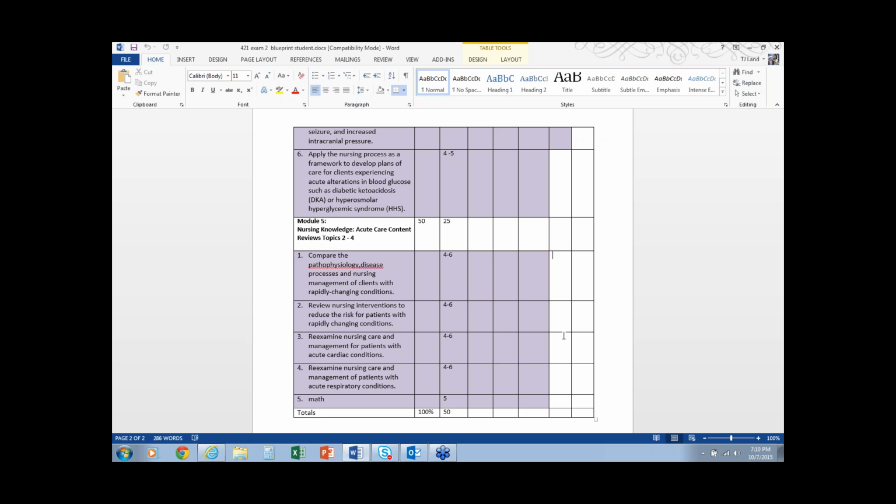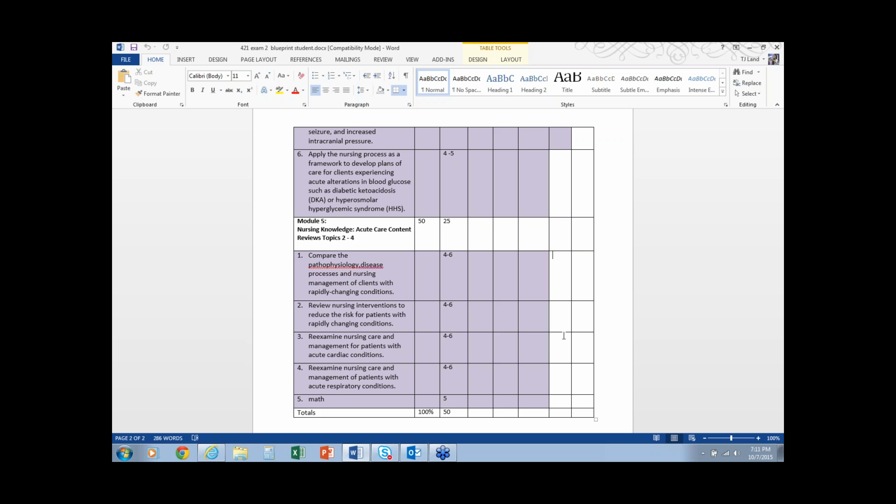And then what do you need to do to manage your patients to help stabilize and then maybe prevent more changes that are going to happen very quickly? Okay? So that's what Module 5, Part 1 is all about. We've talked about it already. It's just reinforcing it.